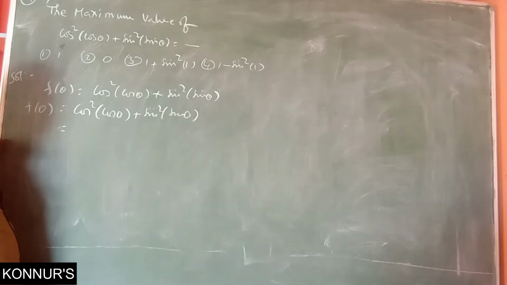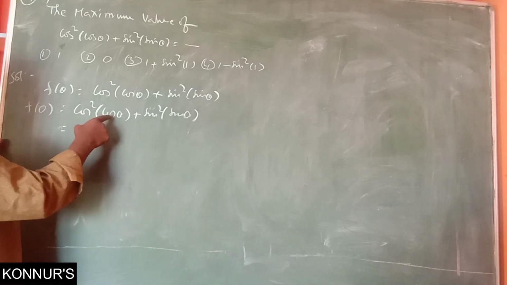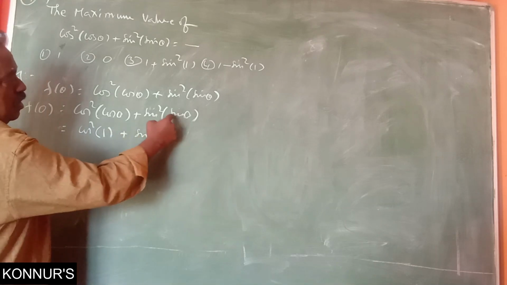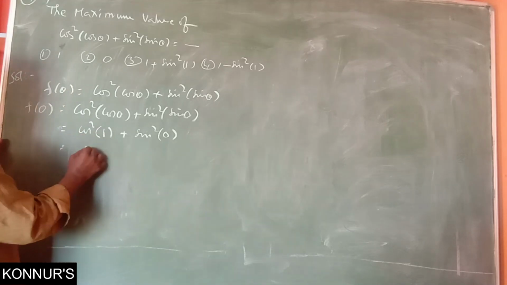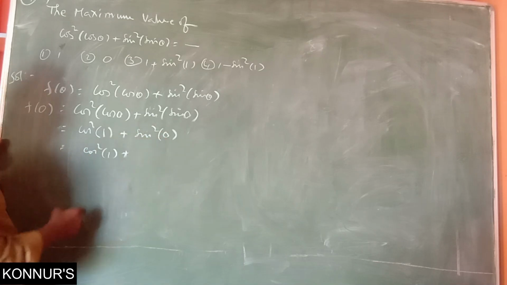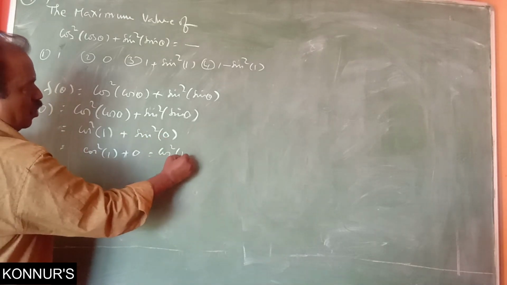You agree? You see, cos 0 is 1, we know it. Sine 0 is 0. So it is cos square 1 plus 0 square, which is 0. So it is at last cos square 1.